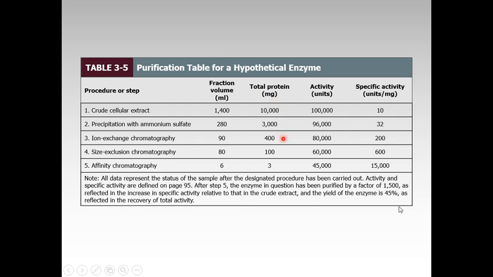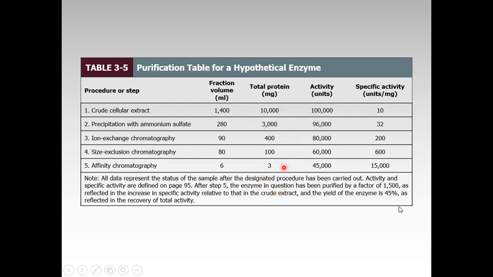The total protein decreases because the objective is to remove as much unwanted or non-specific protein as possible. Right? Cells may have various different proteins, and once you purify through all 5 steps, what is left of your pure protein is much smaller than the total protein.